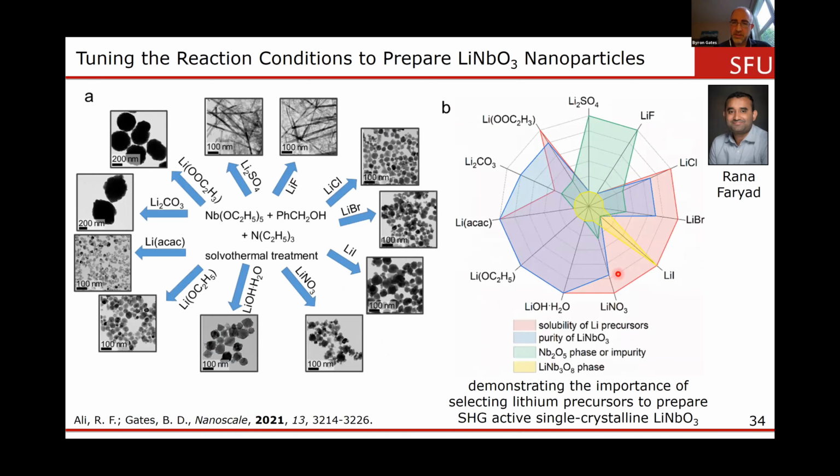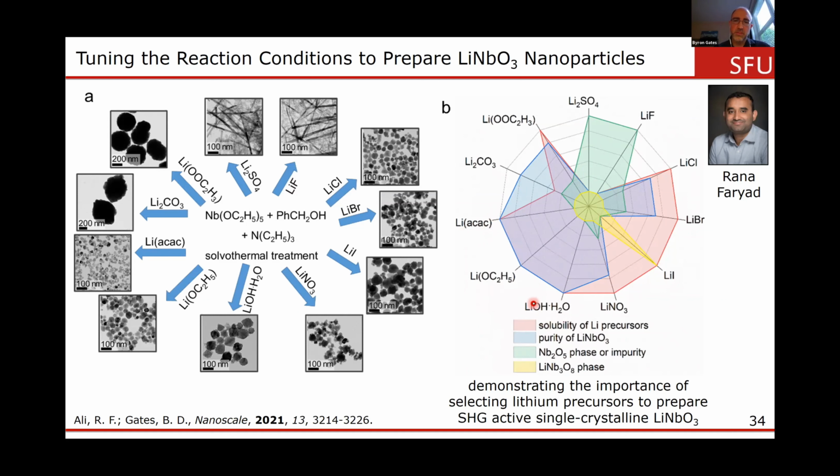To read this diagram, we have solubility issues with some precursors here. The purity of the lithium niobate is the highest over here in this region, and it's also where we find that we don't have impurity phases either. So really it comes down to these precursors here, the ACAC, the ethoxide and the hydroxide.